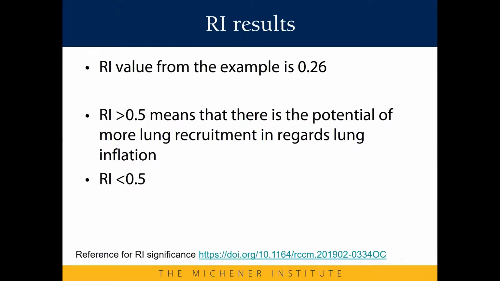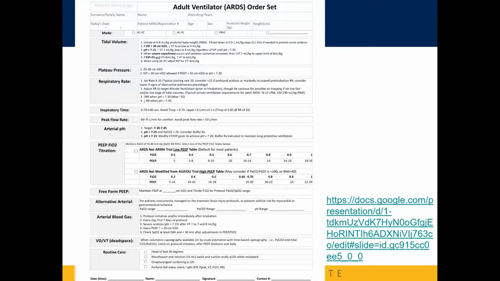So the final thing I wanted to show you before doing a quick summary is this adult ventilator ARDS order set. So this is for an ARDS patient. And if you go to the link that is provided here, you can actually gain access to this.